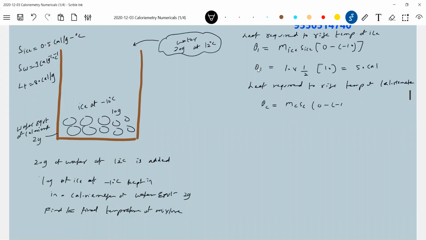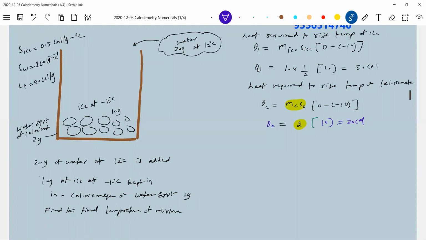Tell me, what shall I do? Anybody want to reply? Water equivalent is given, that you're going to write here. There's a trick. So 2 into 10, 20 calories is needed for the calorimeter.